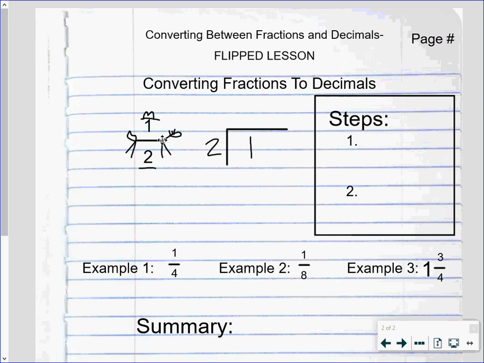So the first step in converting fractions to decimals is that the numerator is being divided by the denominator.